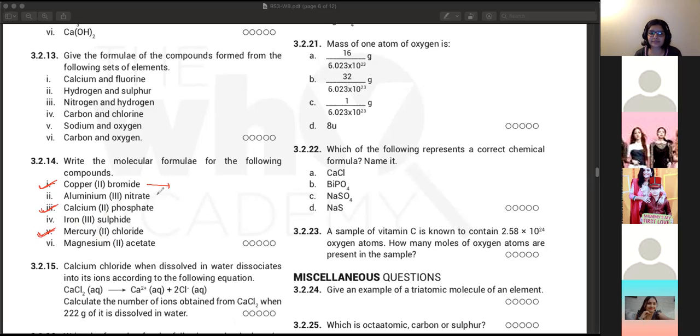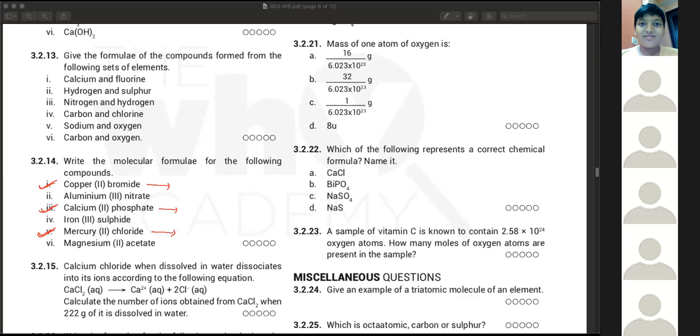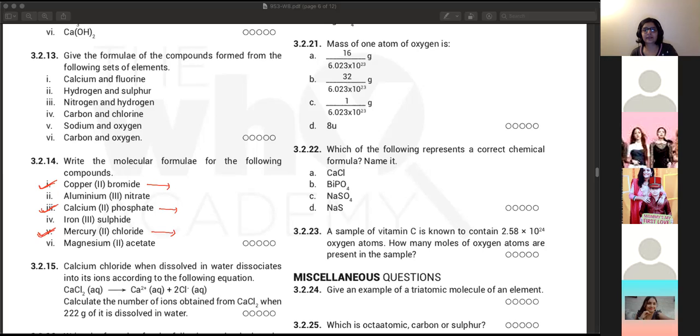Raghav has sent in, or calcium 2 phosphate and mercury 2 chloride. Send it quickly. Nice. Raghav only has sent 1 का भी और 3 का भी.